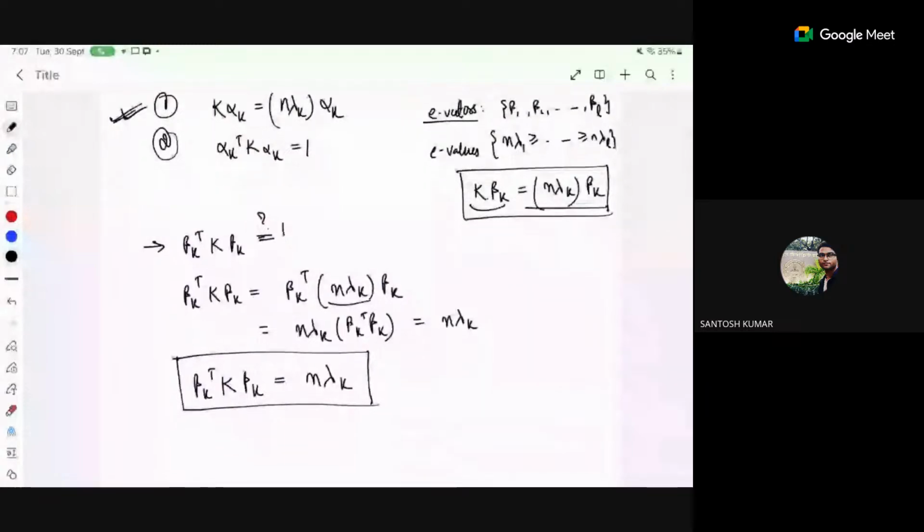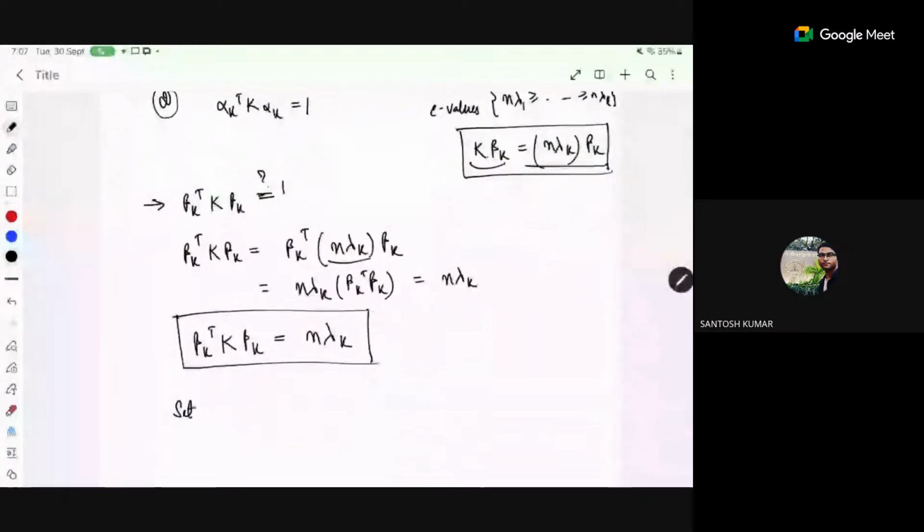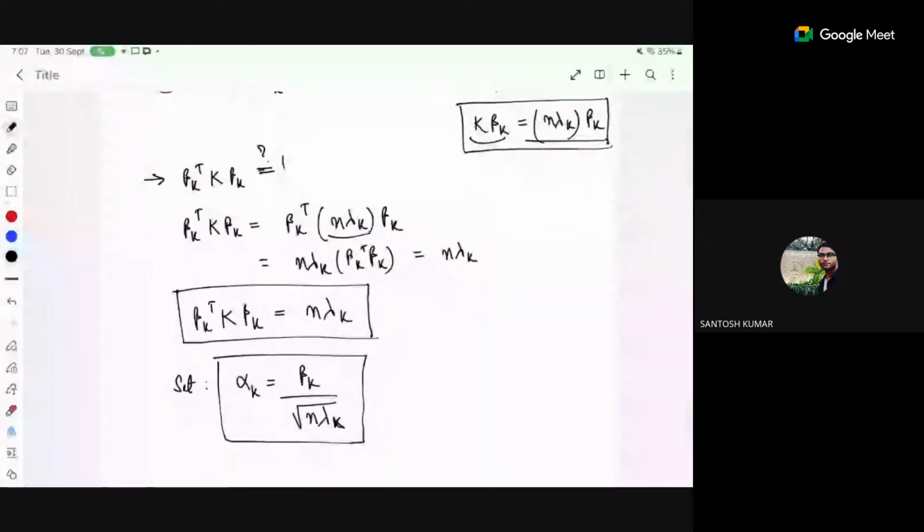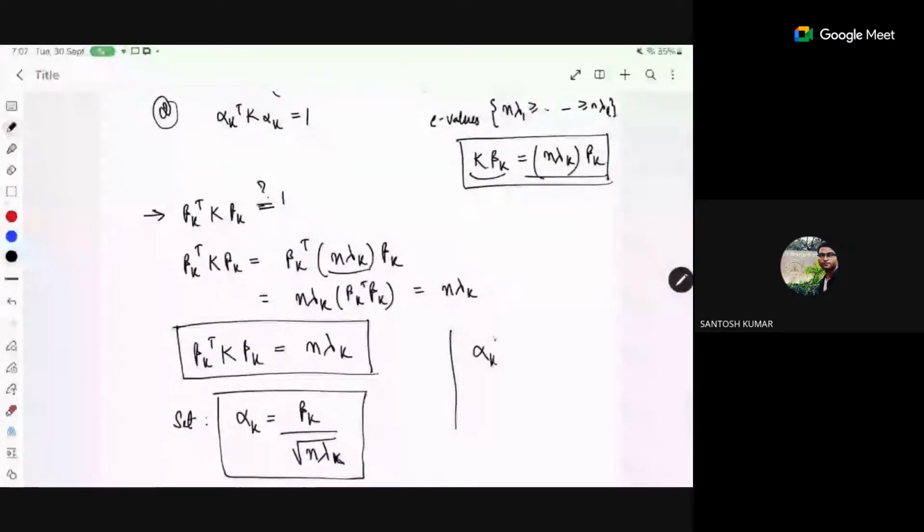So now if you substitute your alpha k to be equal to beta k by n lambda k, then it should work, is what we are saying, right? So alpha k had to satisfy this, this has to be equal to 1. But now this alpha k and beta k are not the same.